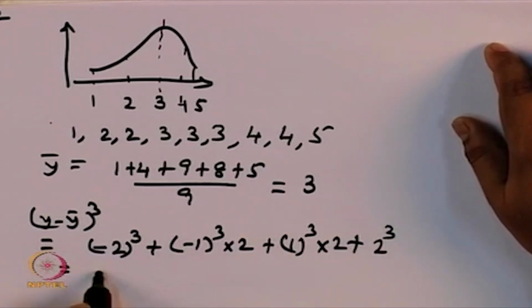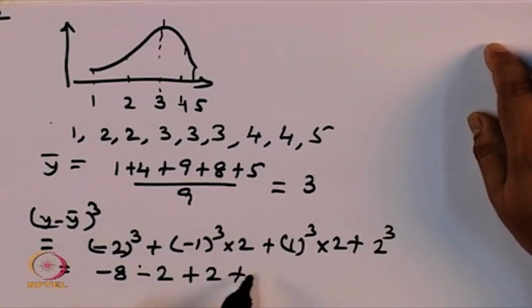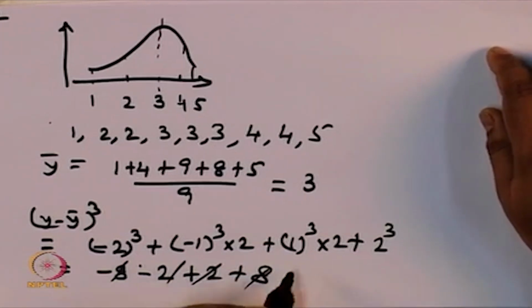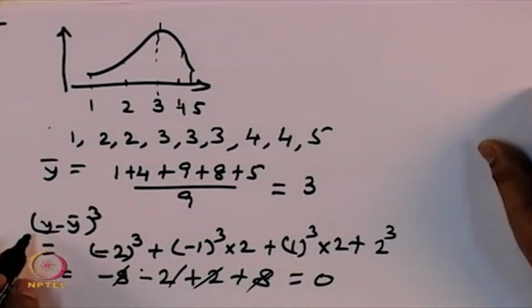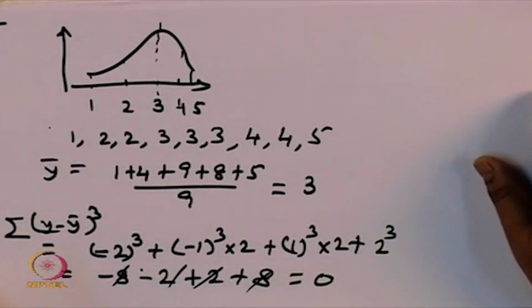So I have minus 8, minus 1 minus 2, plus 2 and plus 8. These exactly balance each other out, and for this distribution the summation of y minus y bar whole cube is 0.